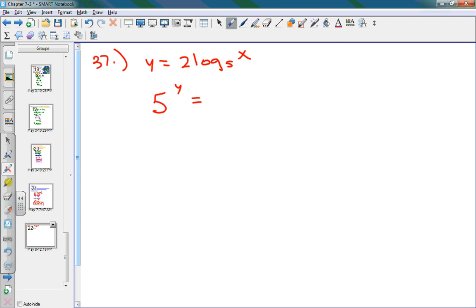That stretches it, doesn't it? Okay, what's the parent function? How do I get rid of that 2? Divided by. So I have 1/2 y is equal to log base 5 of x. So now how do I write that?